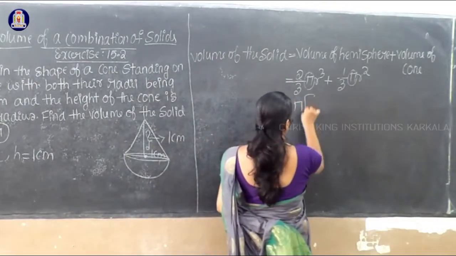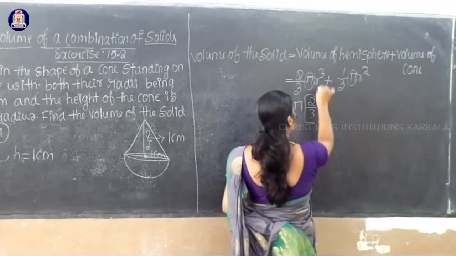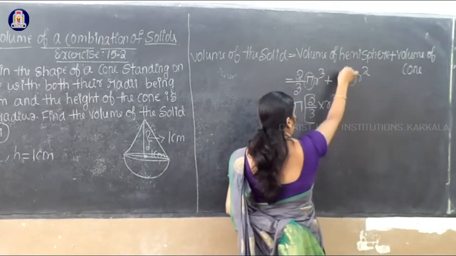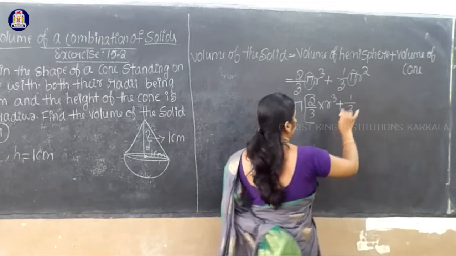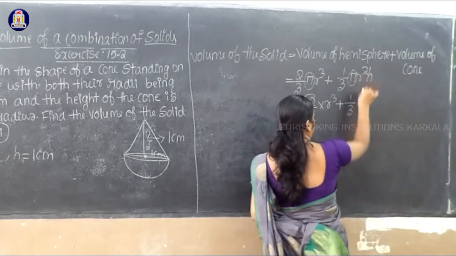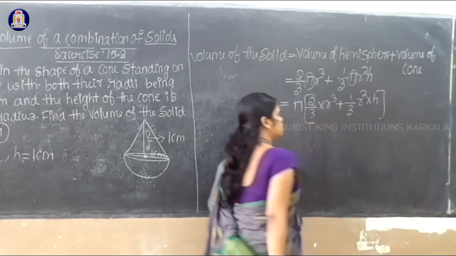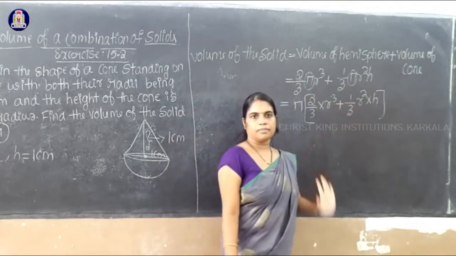Then what about the remaining term? 2 by 3 into r cube plus 1 by 3 r square into h. If I take pi as a common term, then write the remaining term.